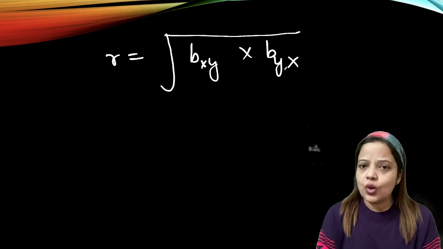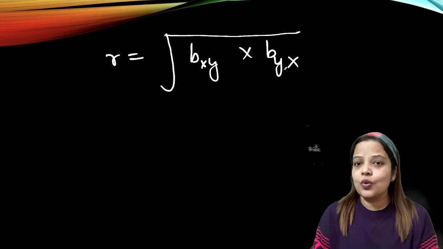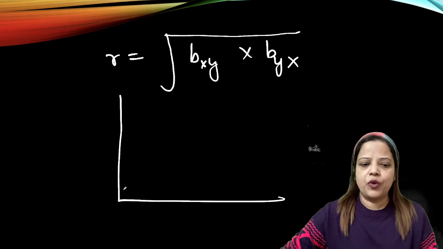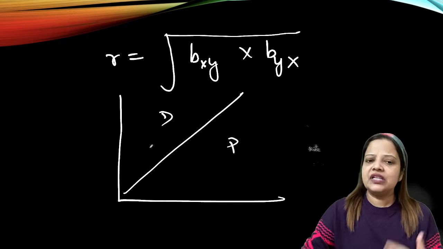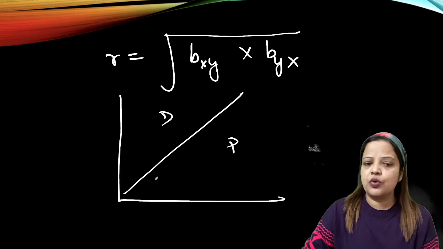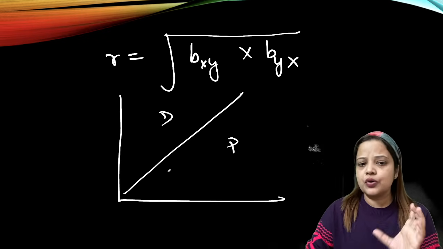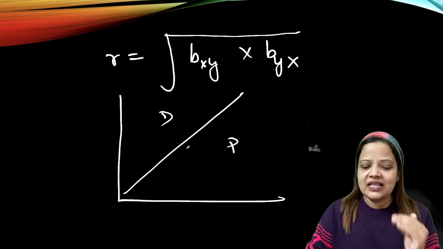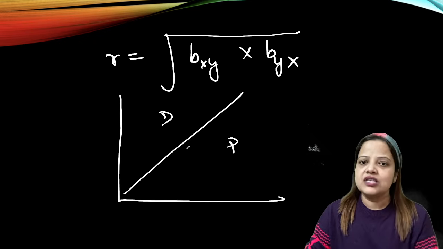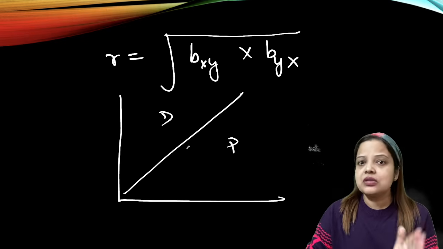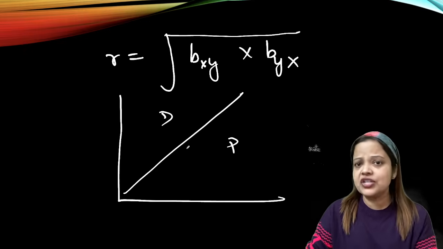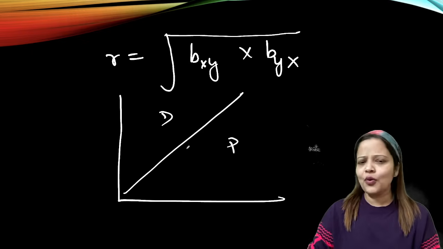So the difference between correlation and regression is that correlation shows only the direction, whether demand and price, the data we have plotted, are positively or negatively correlated. The correlation coefficient shows us the direction only, but the regression equation tells us which one of these is the cause and the effect. So to find the cause and effect, we use the regression equation, and to find the direction only, the positive or negative relationship, we use the correlation coefficient.